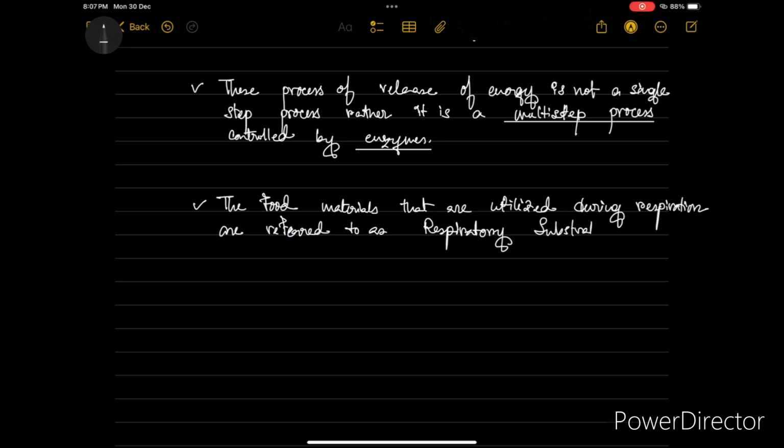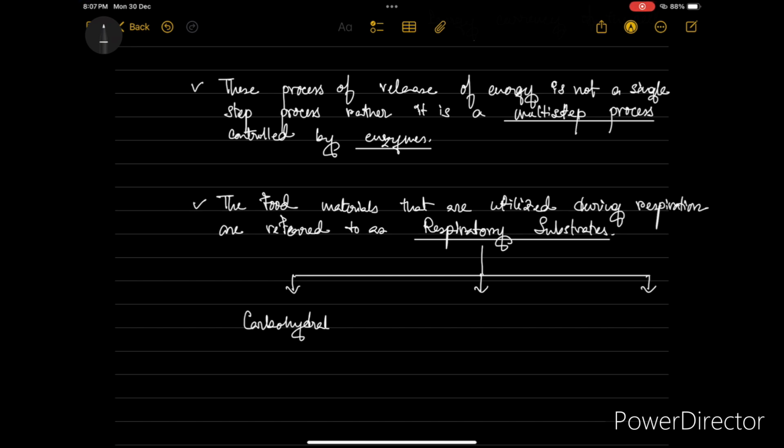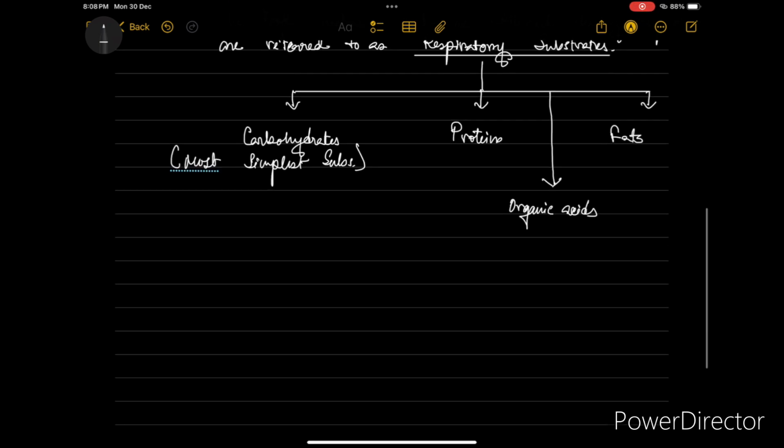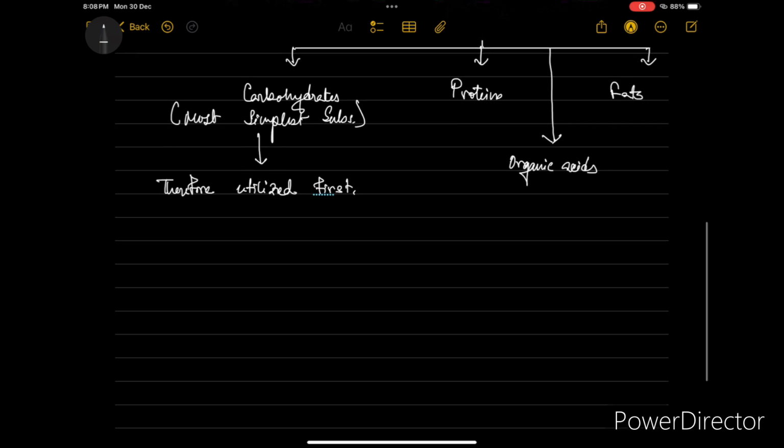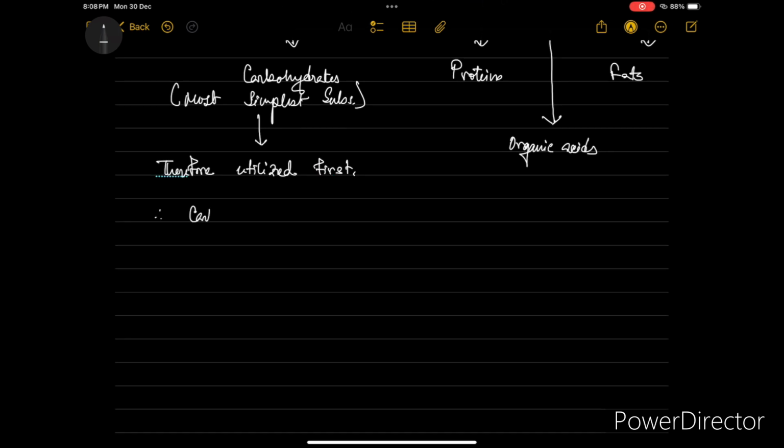First of all, carbohydrates, the second one is proteins, and fats, organic acids and many other different respiratory substrates are there, of which carbohydrates are the simplest one, and carbohydrates are the type of respiratory substrates which are utilized first because of their simplest chemical nature.